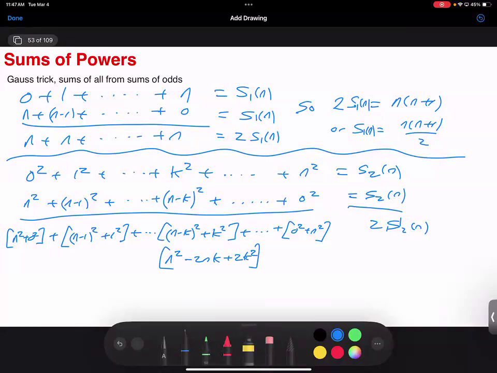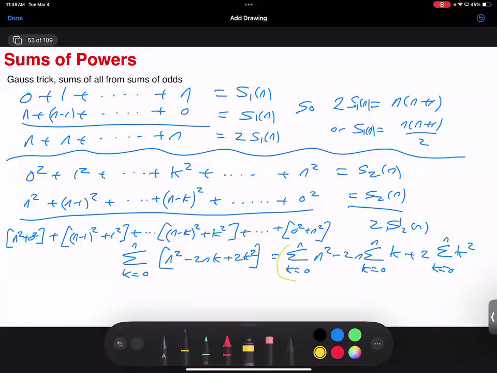So if we think about this, we would sum this, k goes from 0 to n. This is the same as the sum, k goes from 0 to n of n squared, minus 2n times the sum k goes from 0 to n of k, plus 2 times the sum k goes from 0 to n of k squared. Do we know what the first sum is?